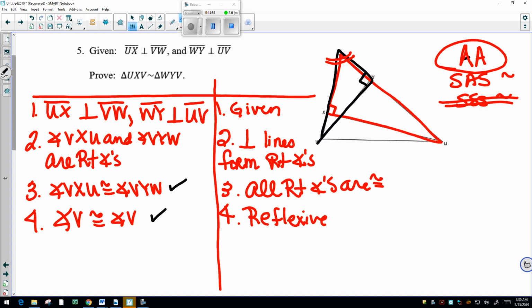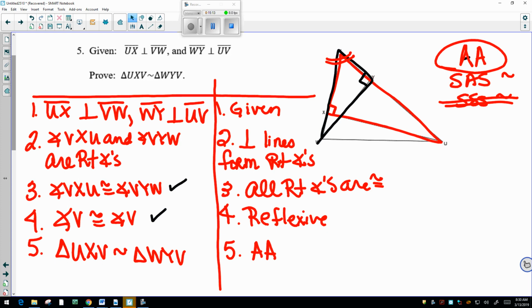Remember from that first problem that we looked at today, as long as I have two sets of angles congruent, that's enough to tell you my triangles are similar. So we have our proof statement, triangle UXV is similar to triangle WYV, and our reason here is just angle, angle.